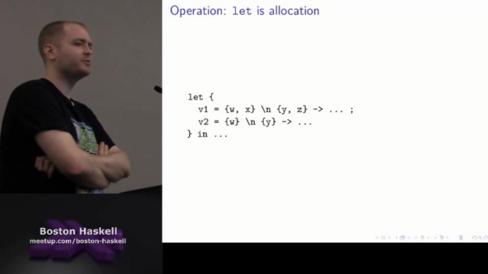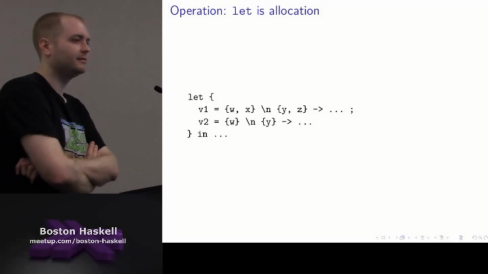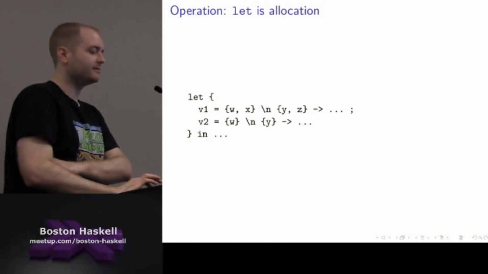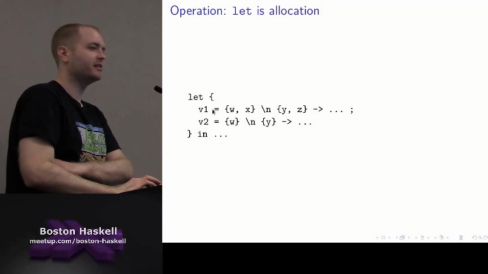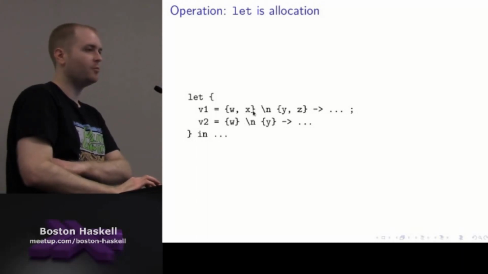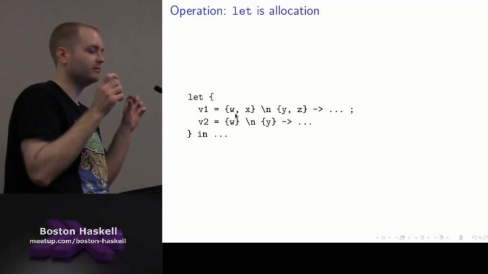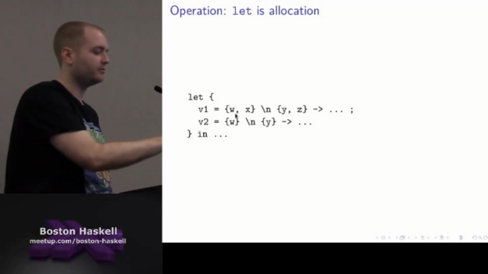So closures capture values as free variables, right? Yeah, this is the syntax for building a closure with free variables w and x, and then what gets packed in the closure will be whatever w and x are in scope here.